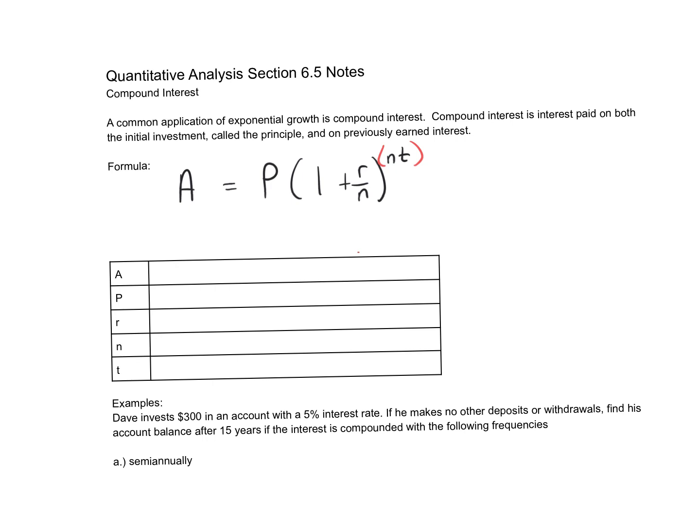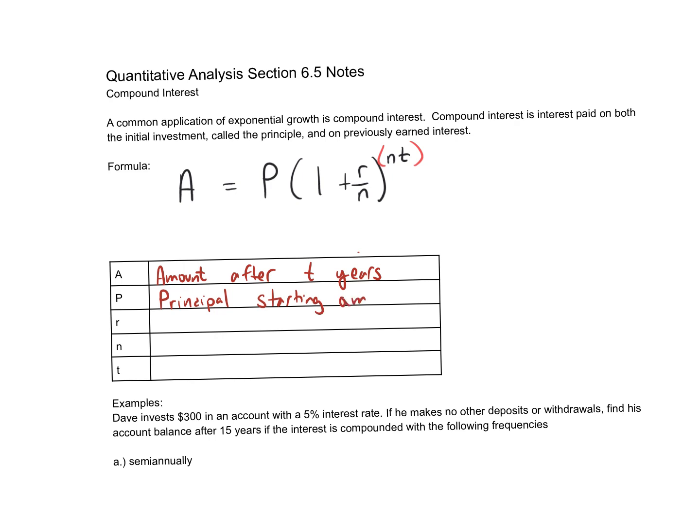A is going to be the amount that we have after T years. So after this money's been sitting in an account for so long, how much do you have in there? P is what's called the principal. The principal basically is just the starting amount.